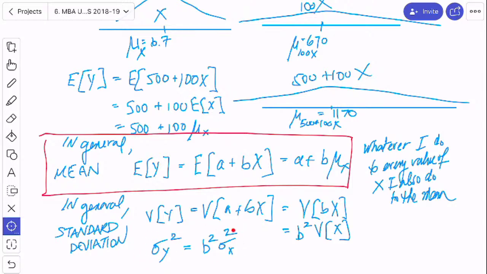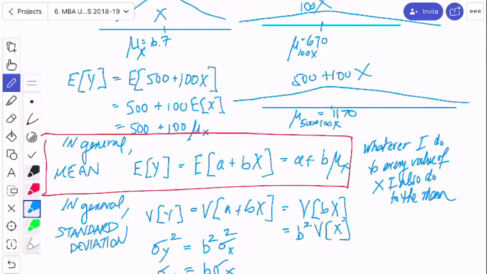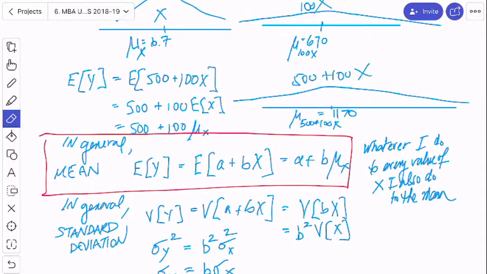And b squared variance of x like this, it turns out very simply that the standard deviation of y is just b times the standard deviation of x. I'm going to highlight that so you remember that. I'll move this down.